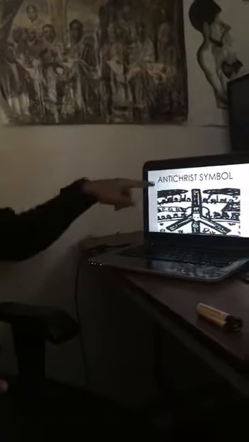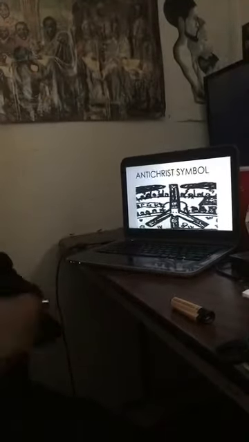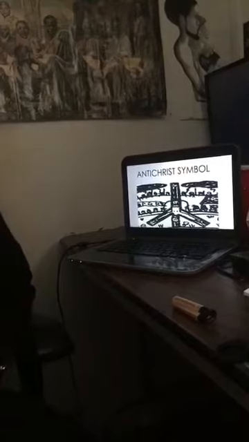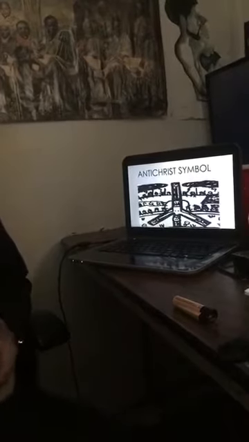Now this is the Antichrist symbol. Antichrist symbol too, but do we recognize Jesus upside down with his arms broken, as was said before? So we're getting different meanings in terms of the birth of what this symbol actually means.